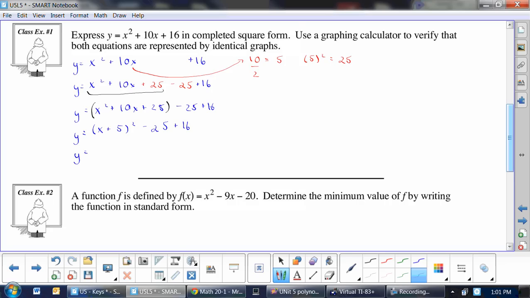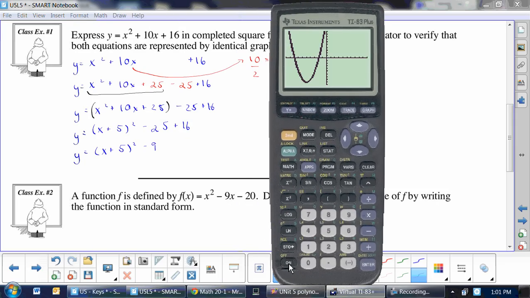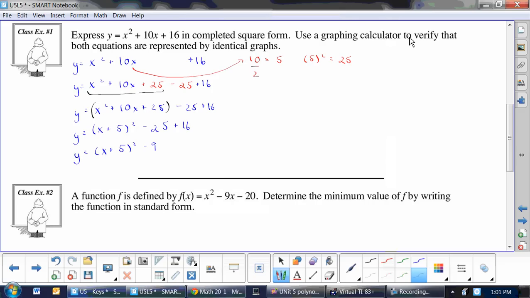Okay? And then we just simplify from here. So we get negative 25 plus 16 is equal to negative 9. Okay? And like most things in this unit, we can check it on our calculator too. So in y1, you can put x squared plus 10x plus 16.